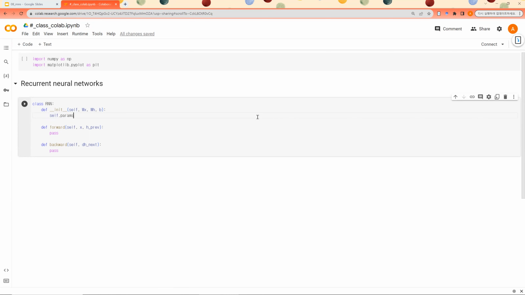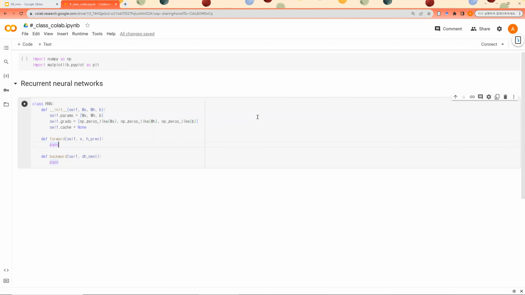And we're going to store the parameters like this, and grads as zeros like Wx, zeros like Wh, and zeros like b. And we need to keep track of some values, and we're going to store that in our cache.